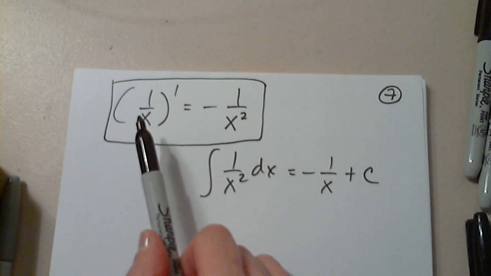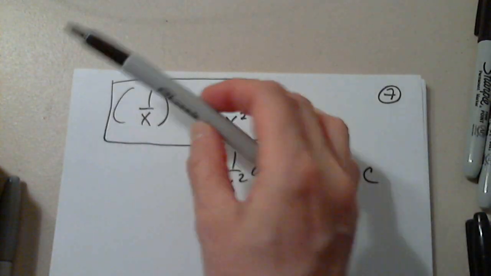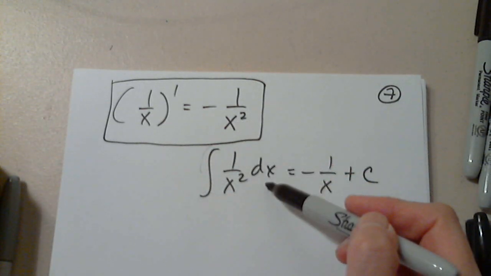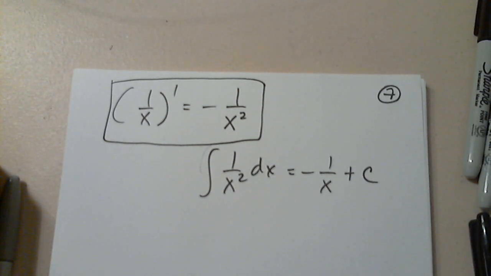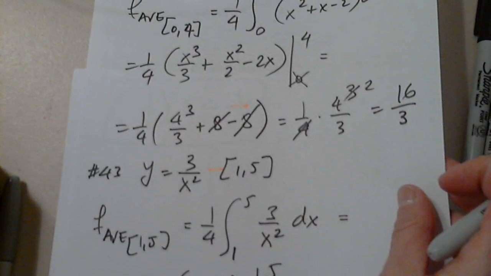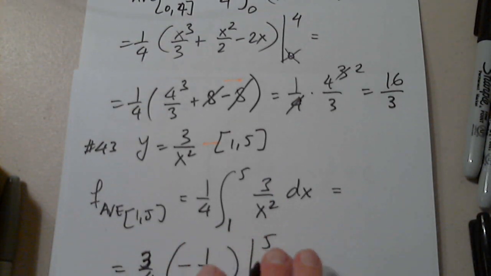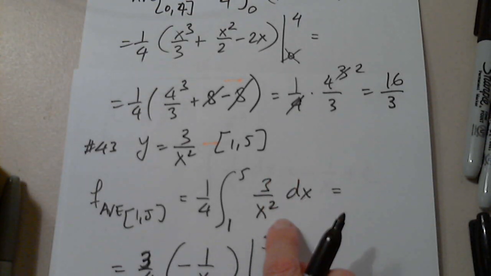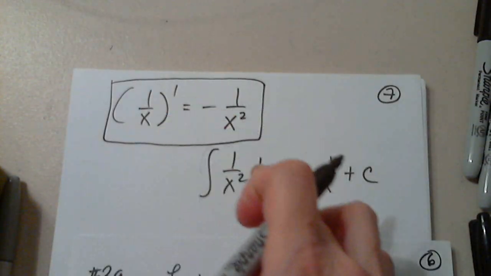So please remember, 1 over x prime is negative 1 over x squared. When we go backwards, the integral of 1 over x squared dx is negative 1 over x plus a constant c. So therefore, here we have negative 1 over x. If you differentiate negative 1 over x, it's guaranteed you will get 1 over x squared. So please remember these two formulas.